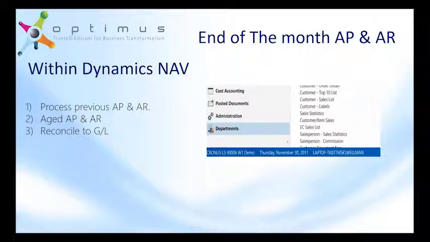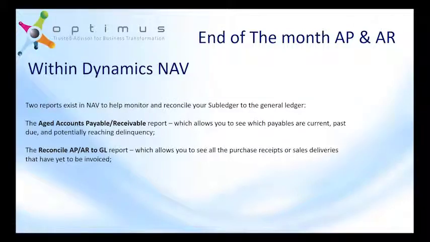In order to start working now with what we need to review, the overdue transactions. Now, for me, the person responsible for closing, there are two existing NAV reports to help monitor and reconcile your subledger, and for you who need to review all the different transactions that are still open throughout the year.